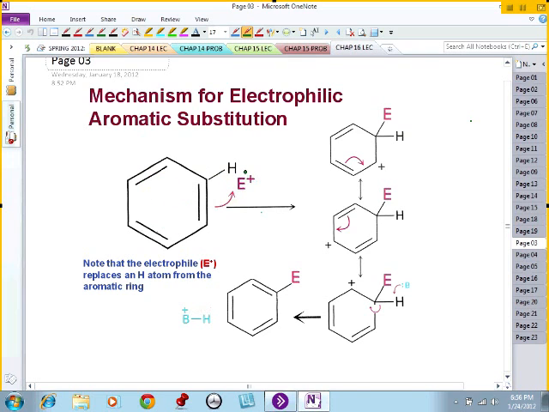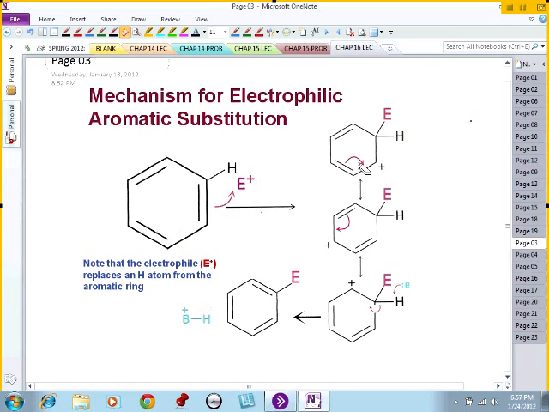So now you have an electrophile. This E here represents some positively charged center. We call it an electrophile. What happens? We draw electrons from the benzene ring to the electrophile, and you form this intermediate carbocation.